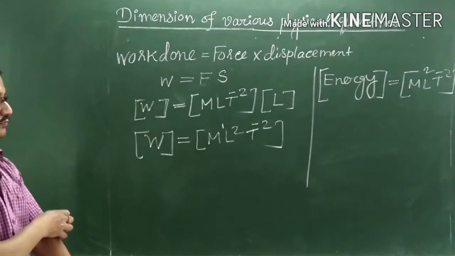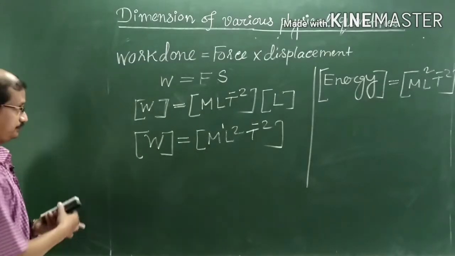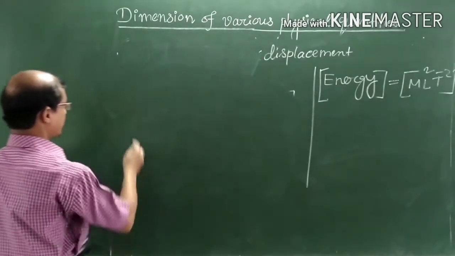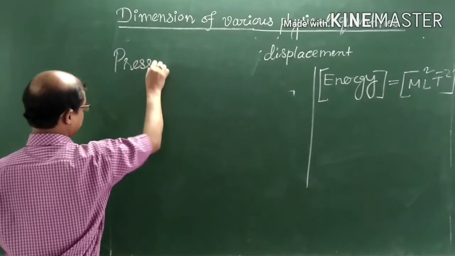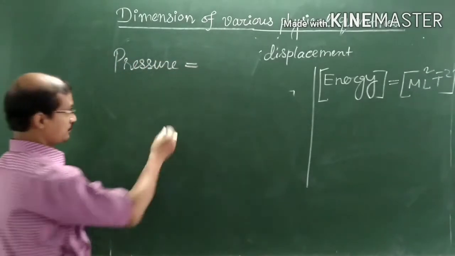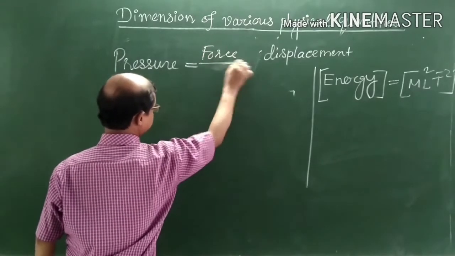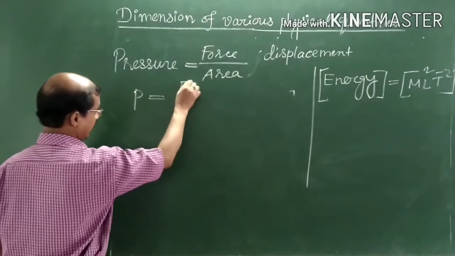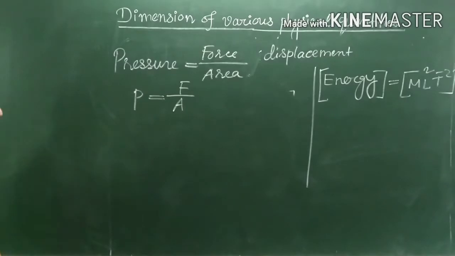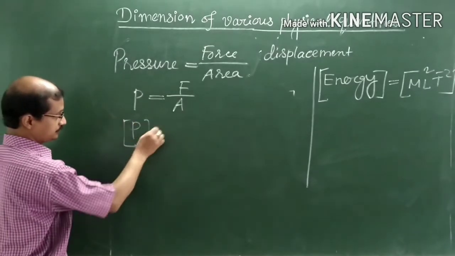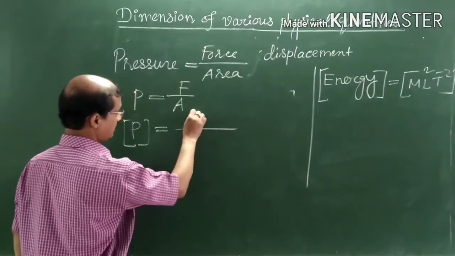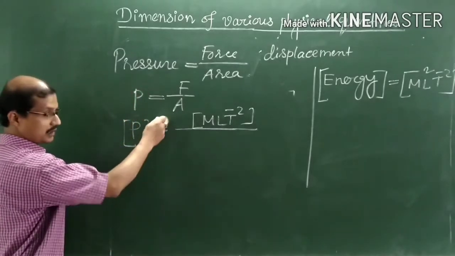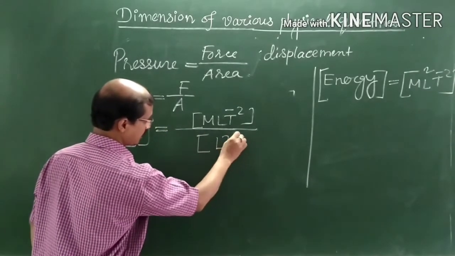Next you can find the dimension of, suppose, pressure. How do we find the dimension of pressure? What is the formula for pressure? Pressure is force by area. You can write P equals F by A. Give square brackets here: the dimension of force is M L T inverse 2, and the dimension of area is L square.